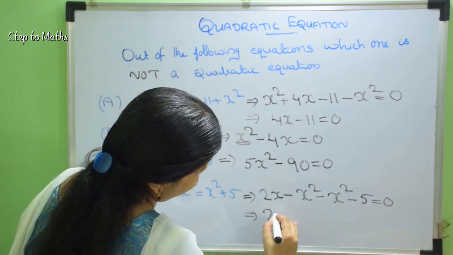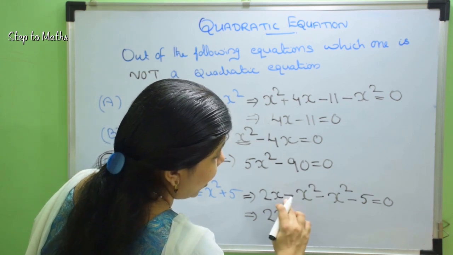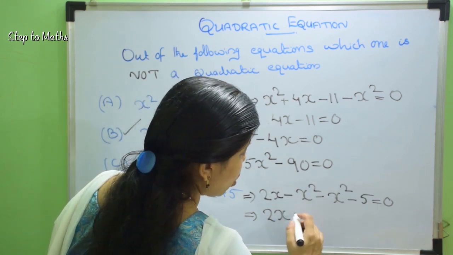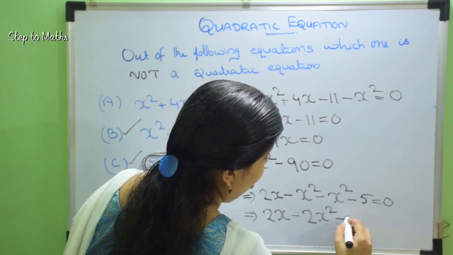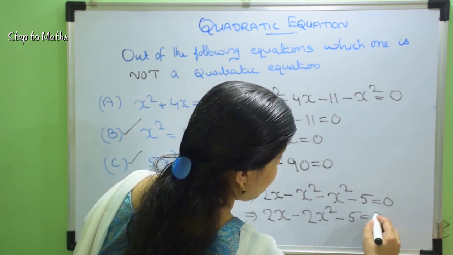We can simplify it again as 2x minus x square minus x square becomes minus 2x square plus 2x minus 5 equal to 0.